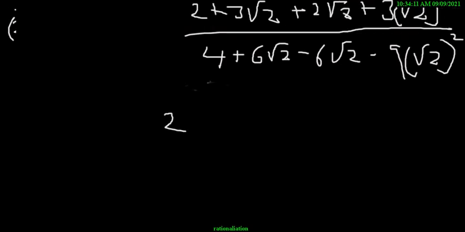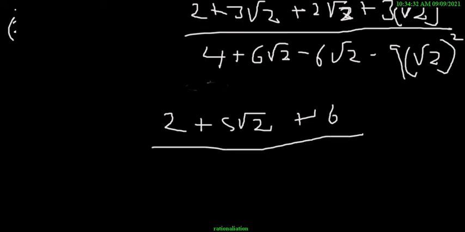Okay, 2 plus, going to be 5 root of 2, this is 2, and plus the roots cancel out, it's going to be 6, over 4.